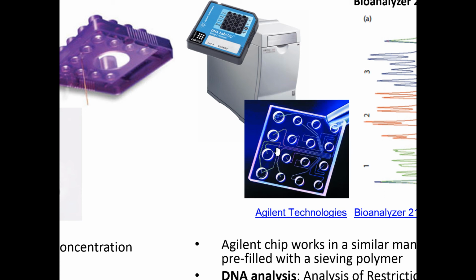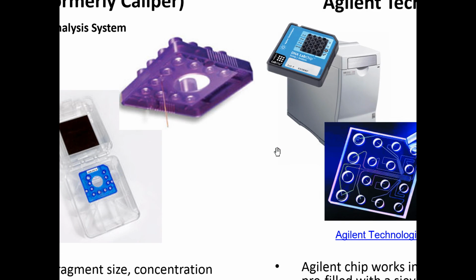So Caliper had something called the SIPR chip, where they had their microfluidic chip sitting on this cartridge here, but they just had a capillary sticking out of it. And the capillary pulls liquid in. Remember, we talked about capillarity last module. Through surface tension, it pulls the liquid directly into the chip.